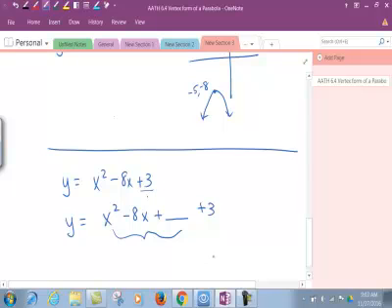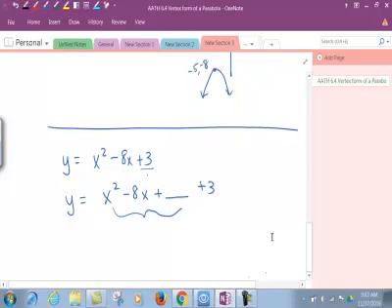Once we do that, we ask ourselves what number completes the square with 8. I think you're really good at this by now. Half of 8 squared is 16. Now this is also a different part. Instead of adding 16 to both sides, we turn around and subtract 16 right away. You would agree that if I add 16 and then subtract 16, that's the equivalent of adding nothing.